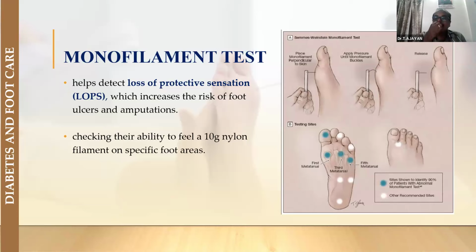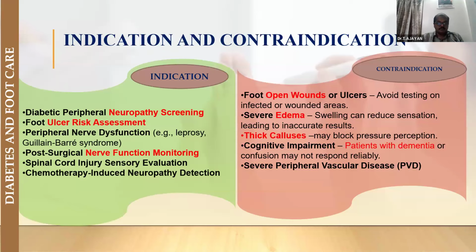This test identifies 90% of patients with an abnormal monofilament result. The indications are diabetic peripheral neuropathy screening, foot ulcer risk assessment, and nerve function monitoring.